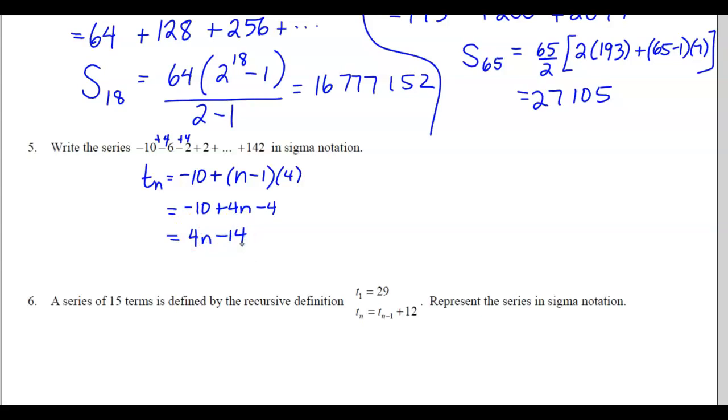Okay, now we can use that, 4n minus 14, in order to find what n is for the term that has a value of 142.